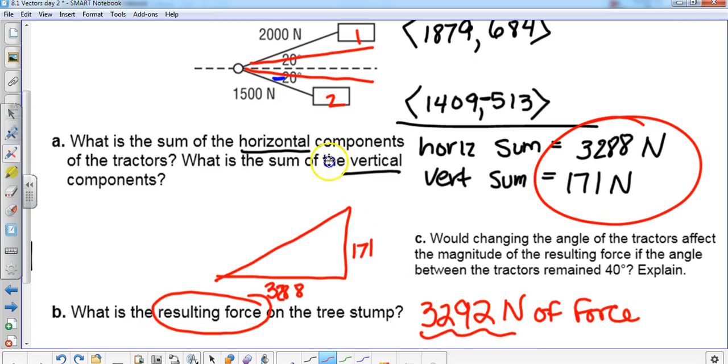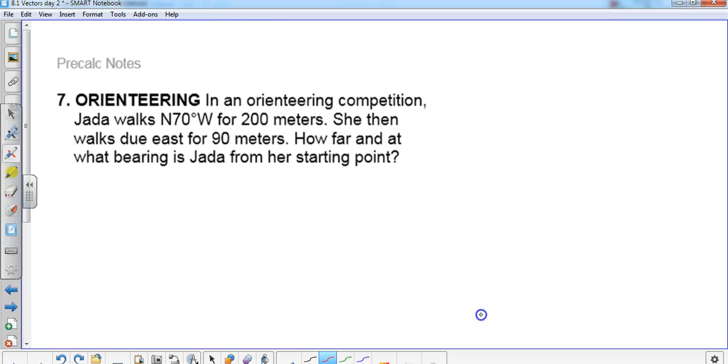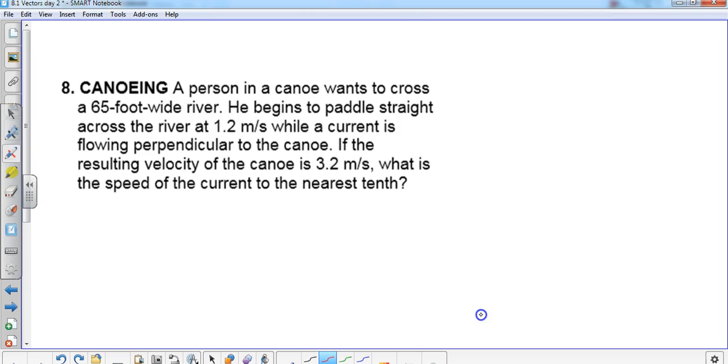It would change where the stump went flying, right? It would change the y value, but it would actually change the x as well. But the total when we did Pythagorean theorem would still be this. You get a bigger y value and shorter x value. My example where we went 30 and 10, yes. Bigger y, shorter x, yes.